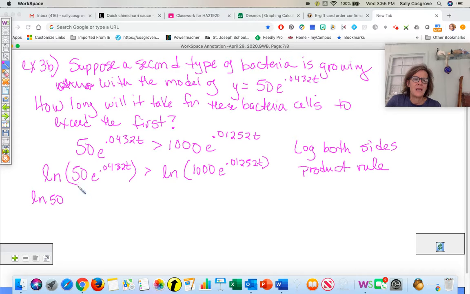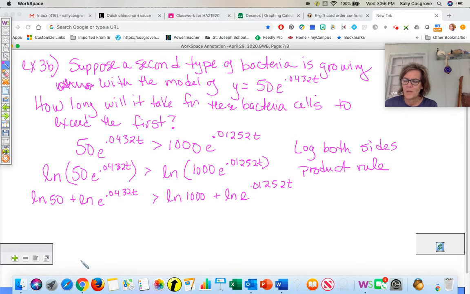So I'm going to say the ln of 50 plus the ln of e to the 0.0432 t is greater than the natural log of, same thing over here, 1,000 plus the natural log of e to the 0.01252 t.